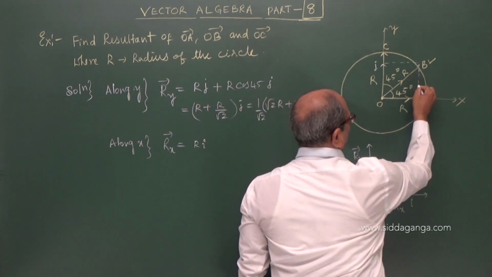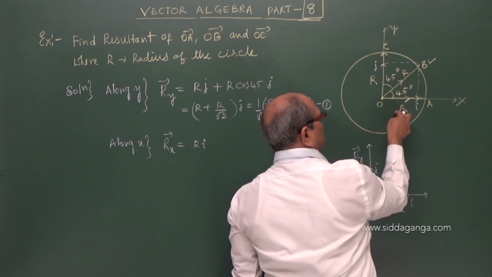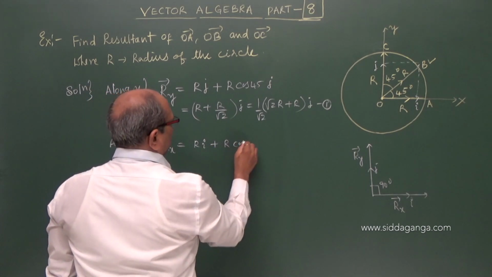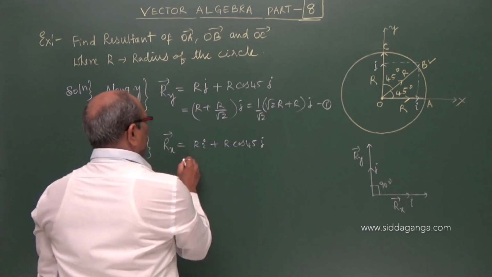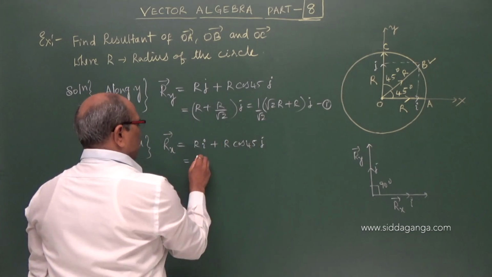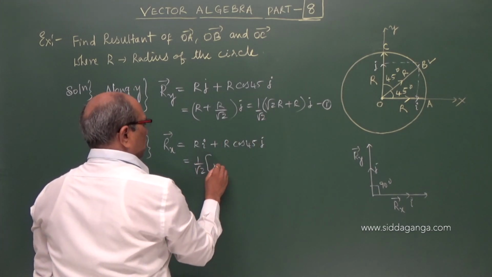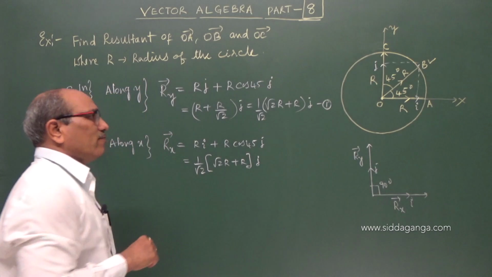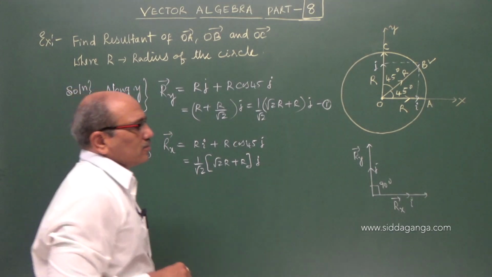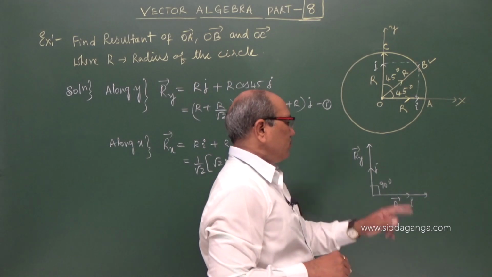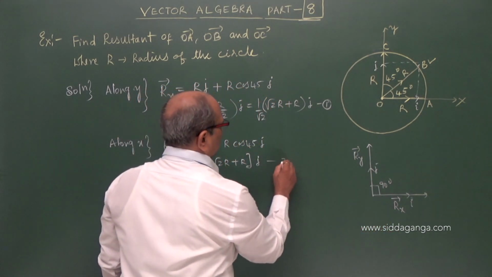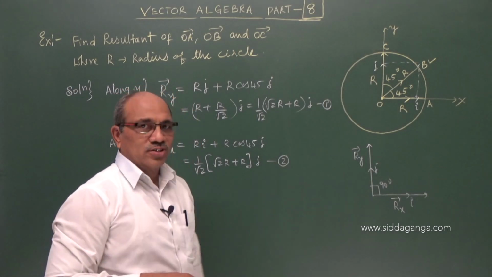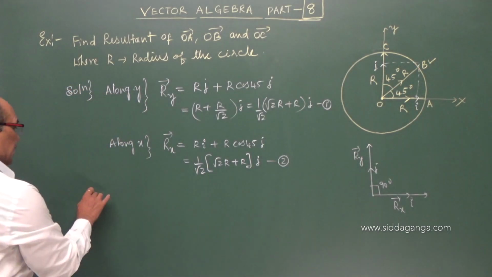Again, if I drop the perpendicular, adjacent side by hypotenuse, it is R cos 45, again plus R cos 45 j, which is 1 by root 2 times R. What we got is 2 components, and I am observing both are of equal magnitude, perpendicular to each other, 90 degrees.